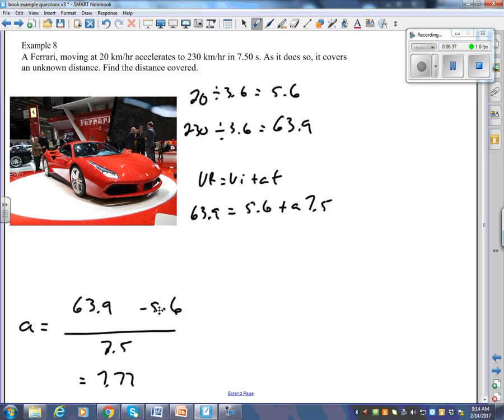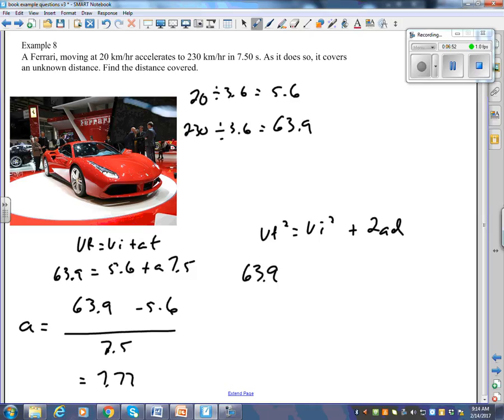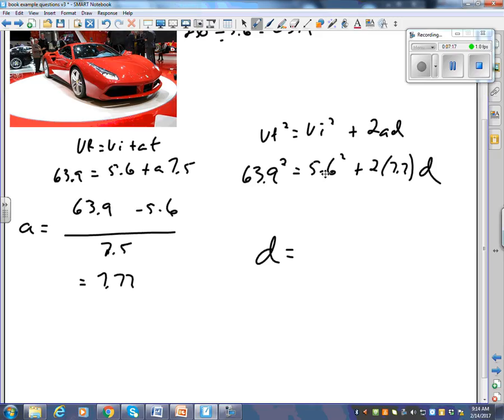Just making space for myself here. And then this one here. How would I write this? See if I can stretch you a bit more. What's the first thing to get rid of? The 5.6 squared, right?